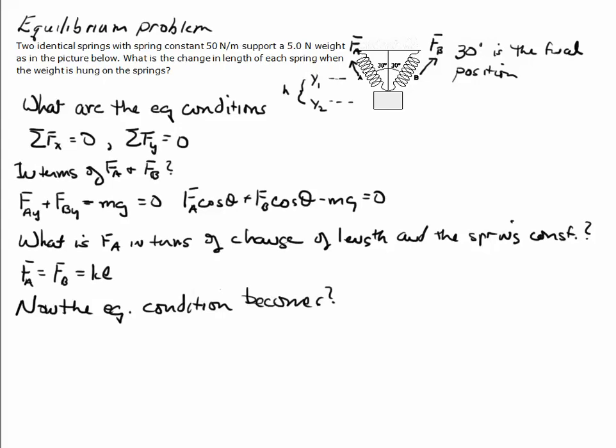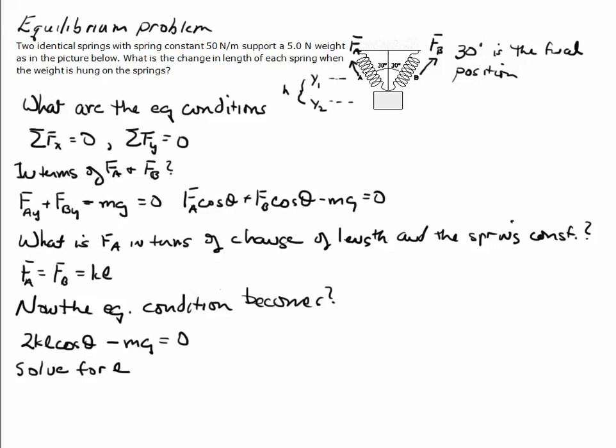Now the equilibrium condition becomes what? Go ahead and write it down. And that's going to be 2 times KL cosine theta minus mg equals 0. Now, you should be able to understand where the 2KL came from. Simply that I had FA cosine theta plus FB cosine theta, and FA is equal to KL and FB is equal to KL.